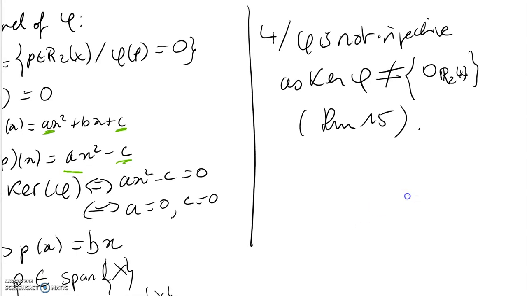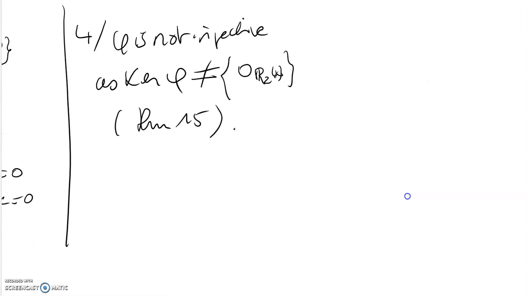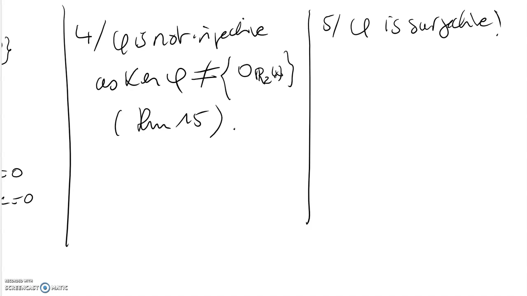And so finally, we also want to answer the surjectivity of function phi. That's a question, actually. We're going to see that it is not surjective. So we can use theorem 17.